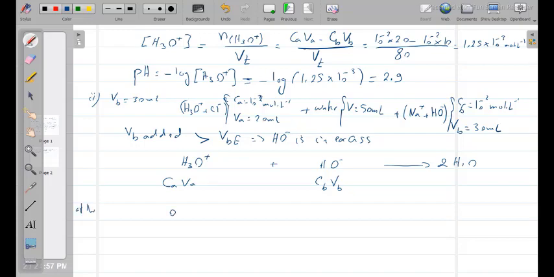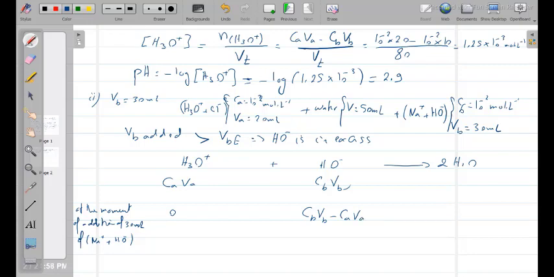At the moment of addition of 30 milliliter of sodium hydroxide solution, it remains the excess of HO- equal number of mole initial added minus number of mole reacted. Number of mole reacted equal to CaVa equal to number of mole H3O+. Then it remains CbVb minus CaVa. This is the number of mole of HO- left.